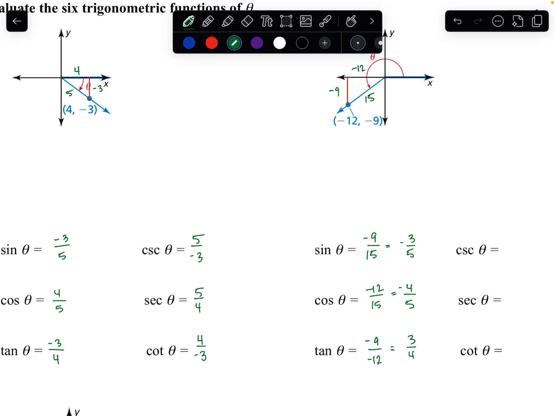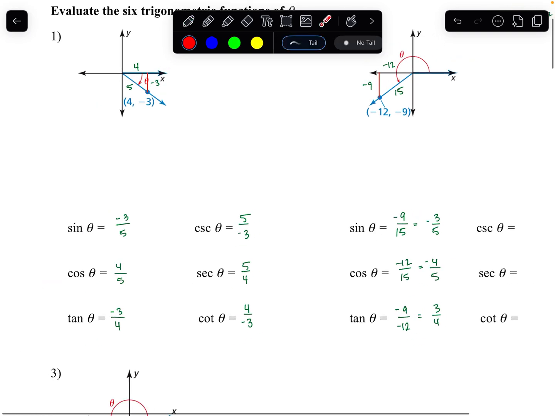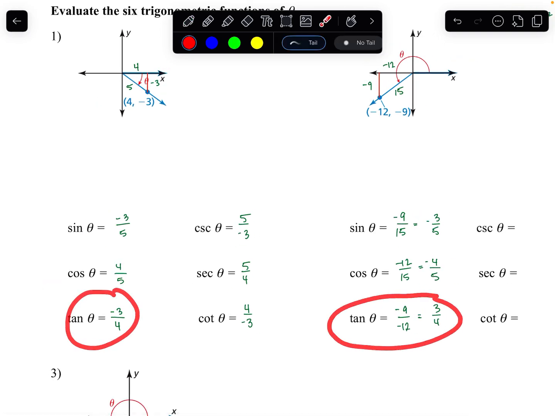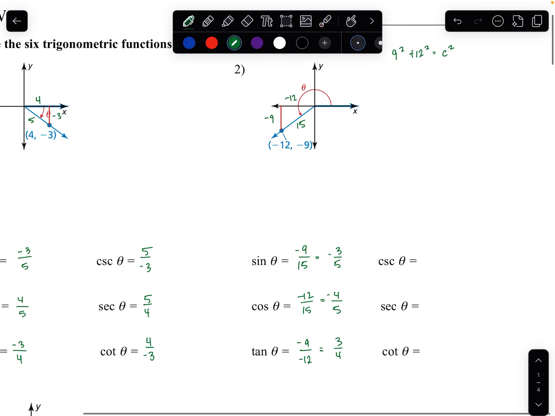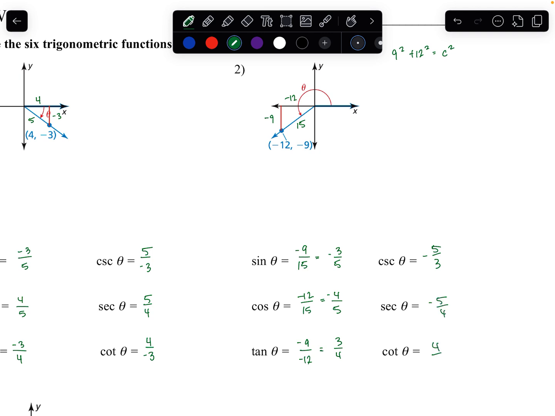That is different from the previous one, where tangent was negative; here it's positive because both sides are negative, so when we divide them, it's positive. However, with the previous one, only one of our sides was negative. For cosecant, negative 5/3, secant, negative 5/4, and for cotangent, 4/3.